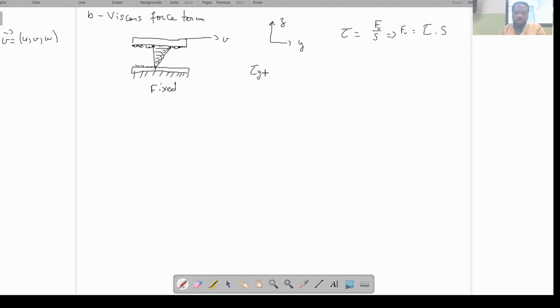So tau yz equals mu partial v over partial z. v is the component of the velocity in the y direction. And mu is the dynamic viscosity.